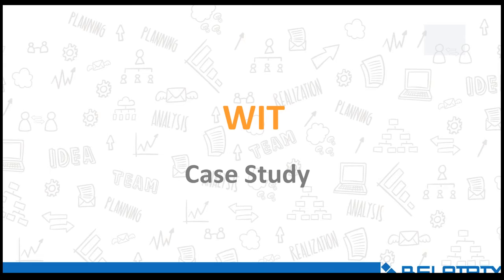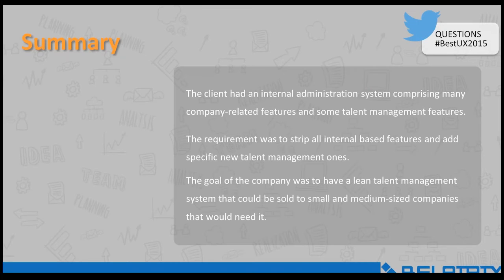Okay, great. So we have now prepared a case study where we applied all the process that Barbara just described to us. The app name is called WIT, and first we have to understand the business goals as the first step of the process. So what we had there was an internal administration system that had many company-related features and some talent management ones.